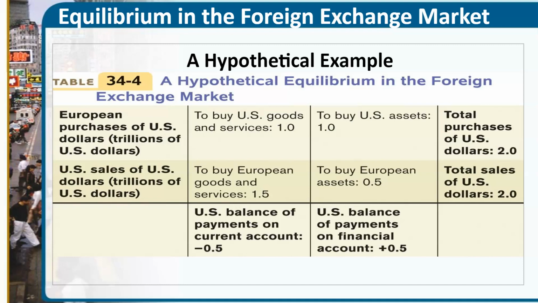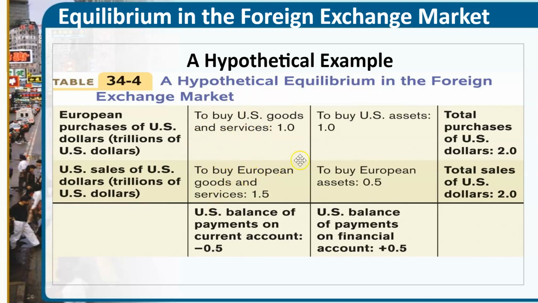And then the U.S. is selling U.S. dollars in order to buy European goods and services. Notice we're buying more goods and services from Europe. We're buying less assets in the financial account, and they're buying, in this example, equal current and financial account resources. So here's where we see the current account because they're buying goods and services.